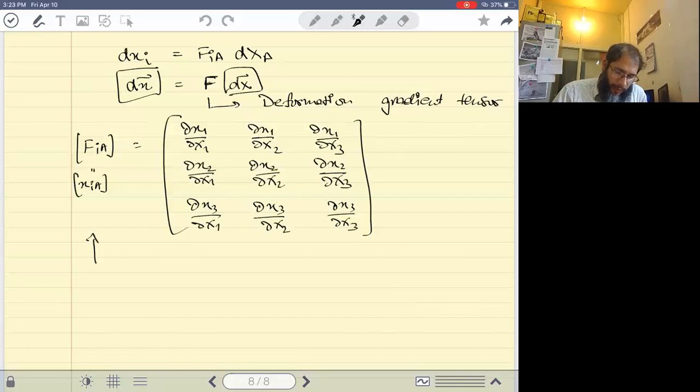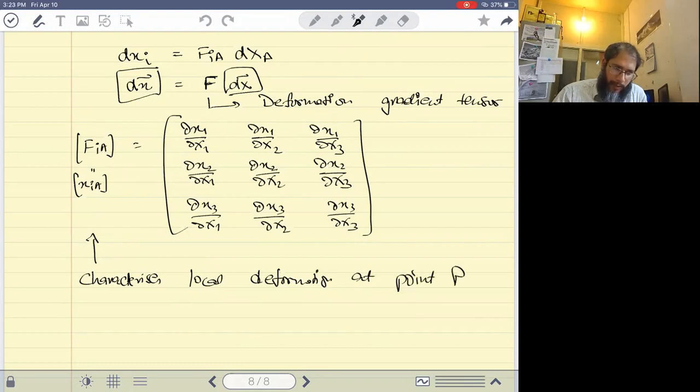So we'll say that this quantity characterizes the local deformation at point P. The reason we call it a local deformation is because we're talking about deformation at a given point P. Now this quantity that you're seeing here may or may not be a function of capital X. What that means is that the deformation may either be non-homogeneous or homogeneous.